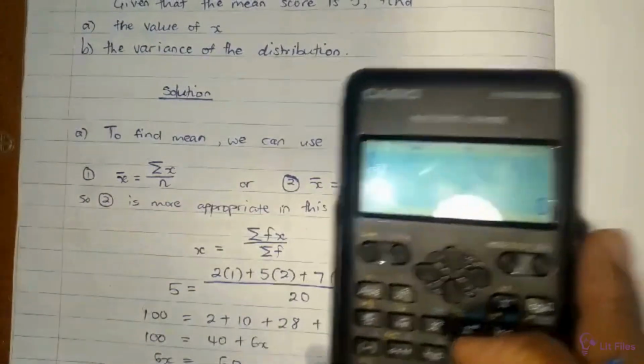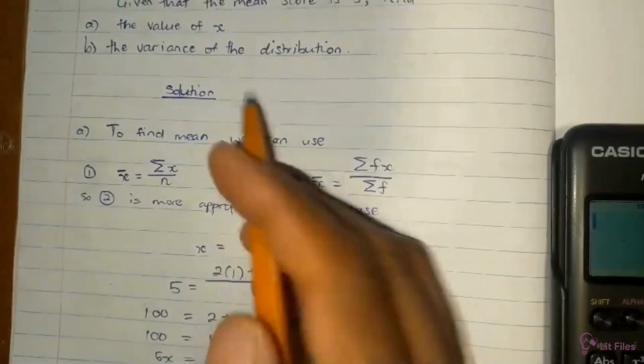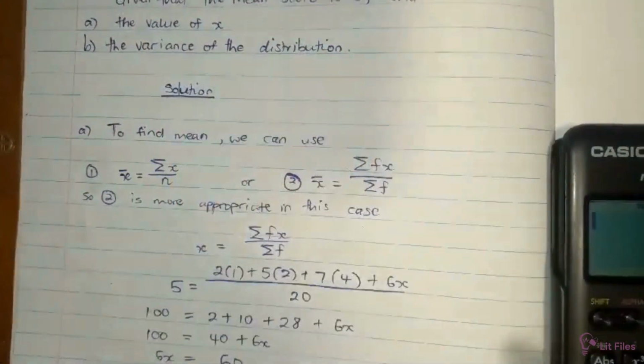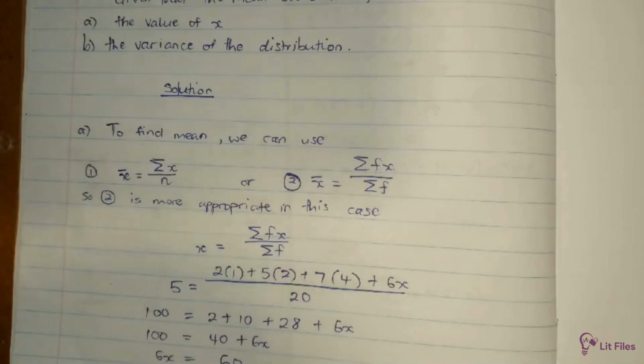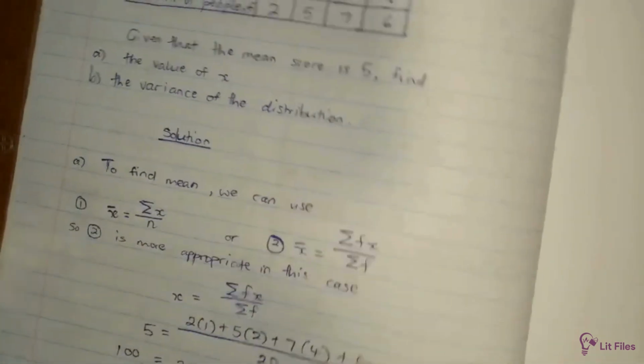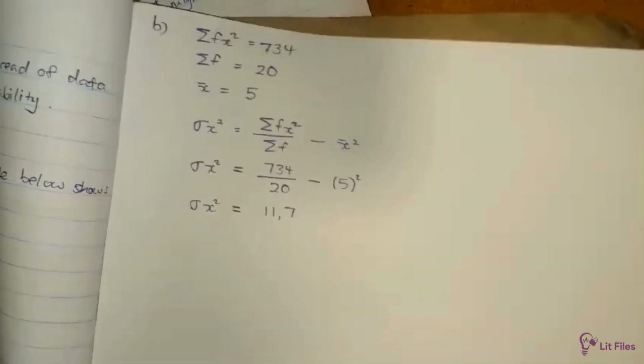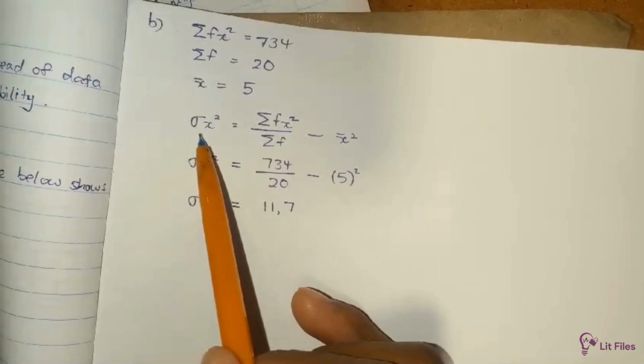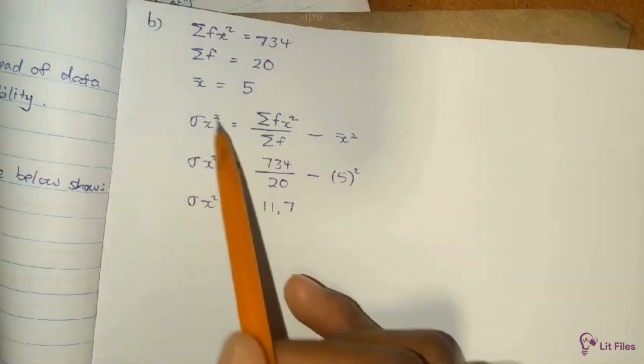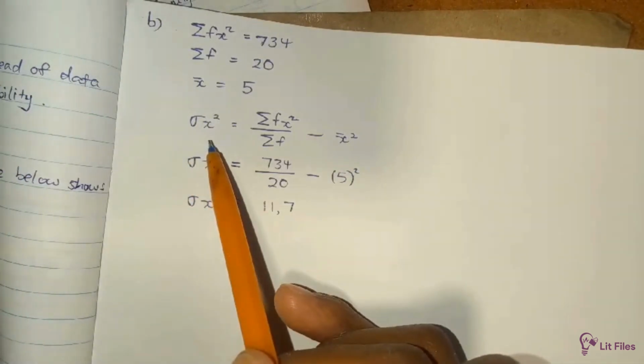In the next part, for us to find the variance, there are some formulas that we should know. One of them is as follows. Sigma squared is the notation for variance.